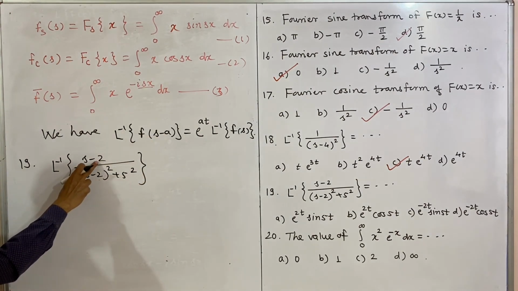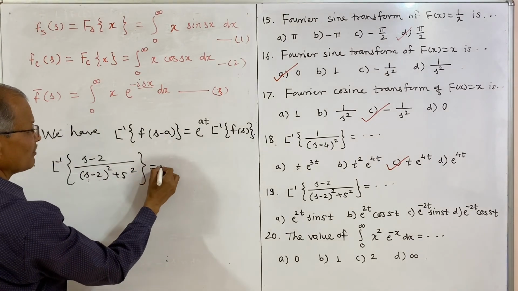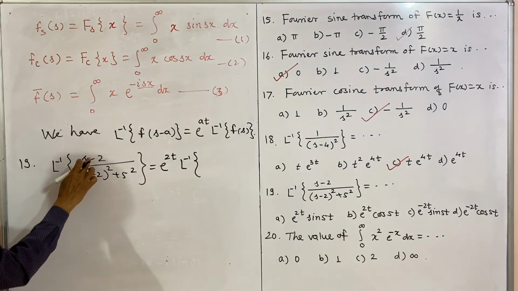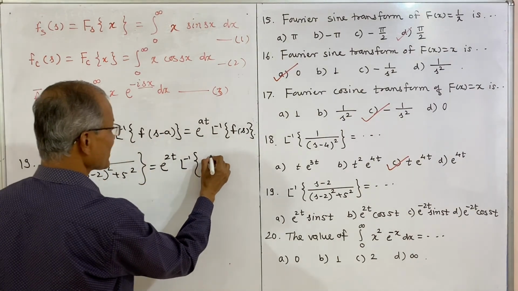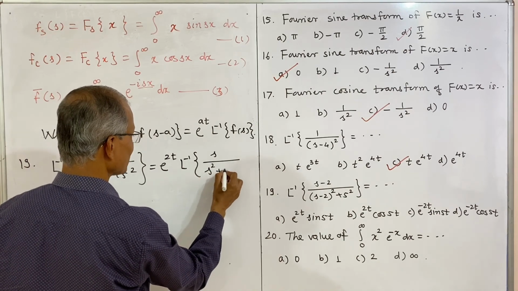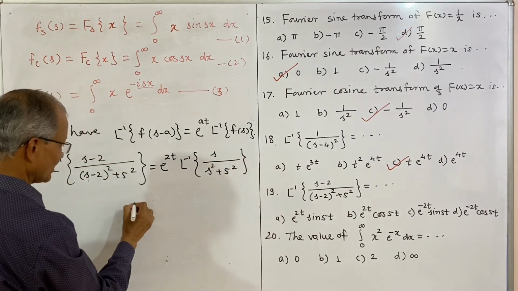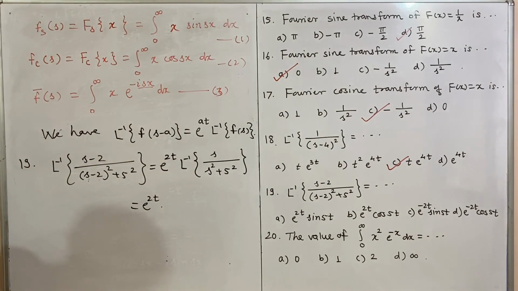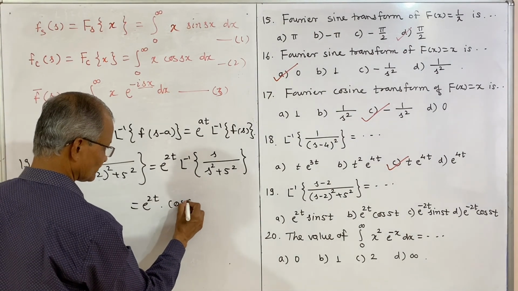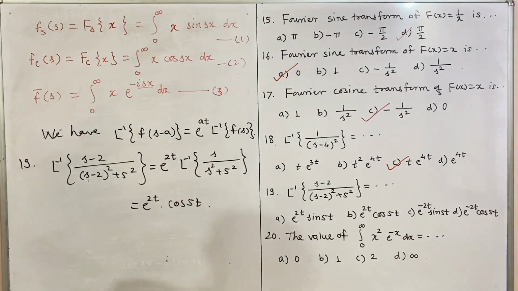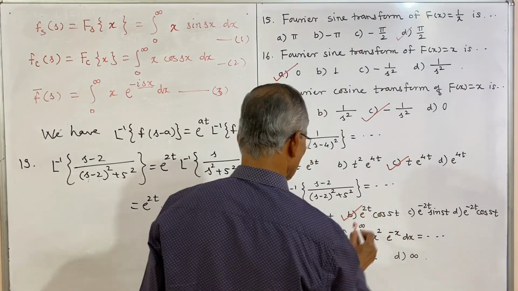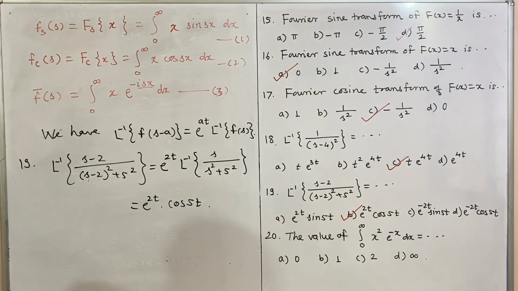Here the value of a is 2, and therefore it becomes e power 2t times L inverse of, replacing s minus 2 by s, s divided by s square plus 5 square. This is the standard formula: L inverse of s divided by s square plus 5 square is cos 5t. And thus the correct alternative is B, e to the power 2t cos 5t.